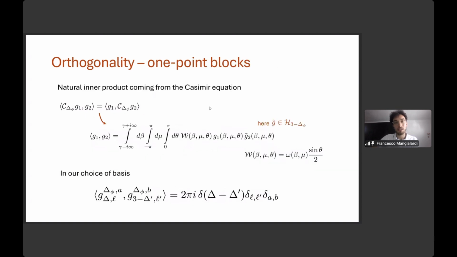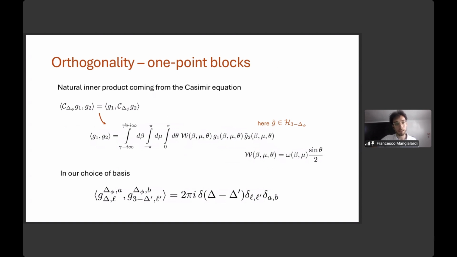One then can move on to the one-point blocks, the ones we care most about. Also in this case, one can infer that there should exist a similar type of inner product which makes blocks orthogonal. And once again it is the Casimir equation which comes to help.